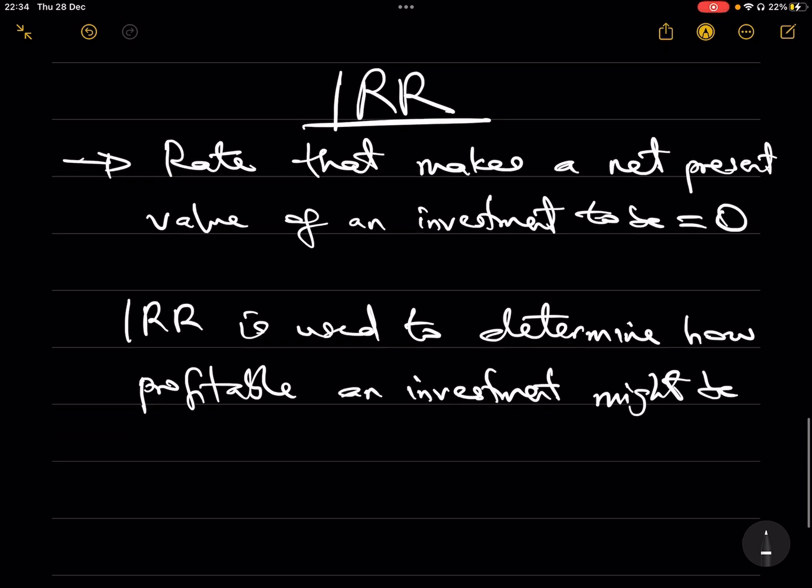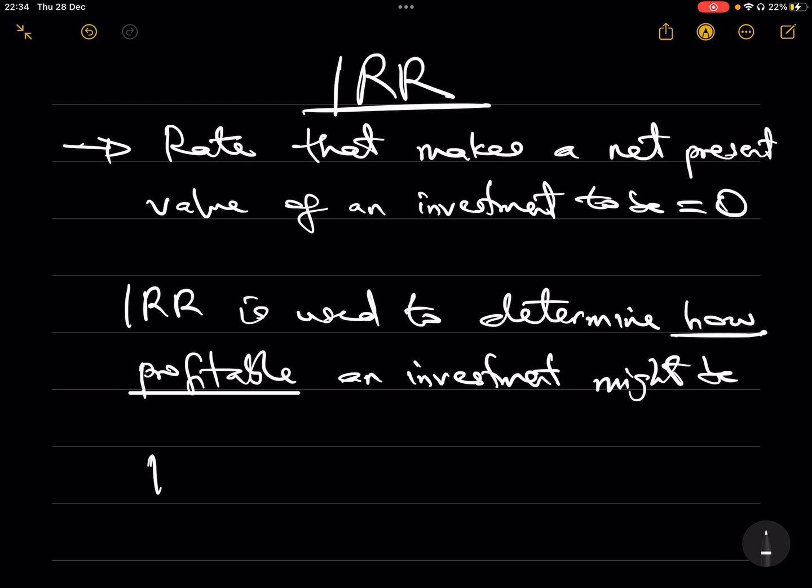Please note that it's just to know how profitable. It's not like it's going to tell you the profit. So let me emphasize that IRR is NOT an absolute measure of profitability.